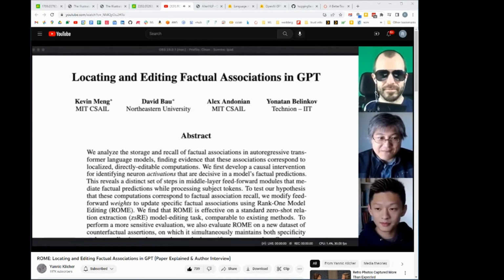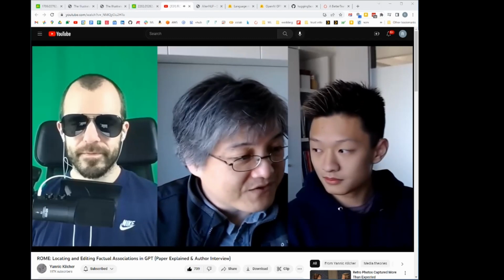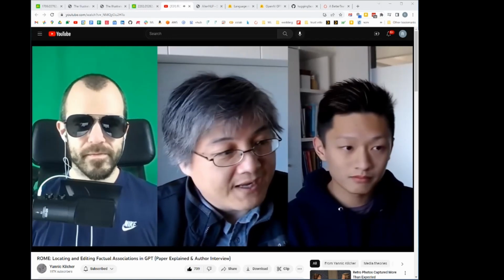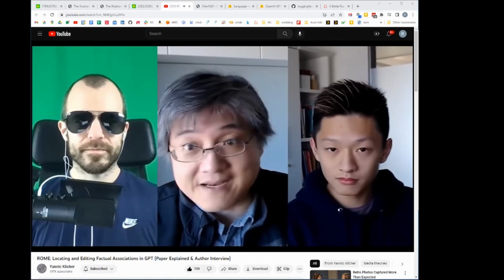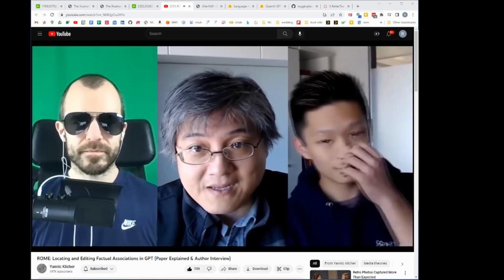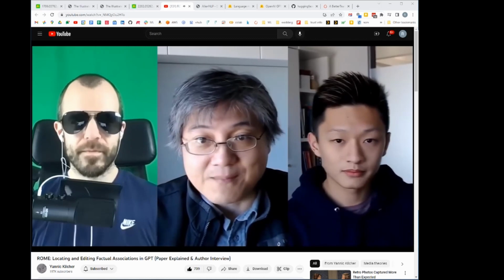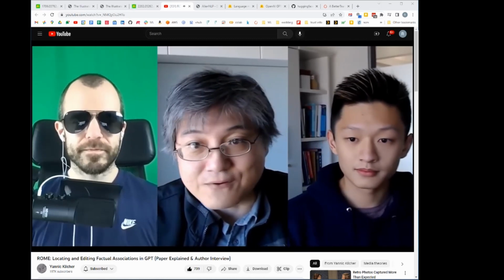If you have some knowledge in a big neural network, can it be localized to a small set of neurons or small set of layers? Can we find out where that knowledge is? And so there's been a bunch of people who've been looking at this. Maybe the overarching area is called mechanistic interpretability research, where people are trying to understand the mechanisms that are emerging inside the learned computations.